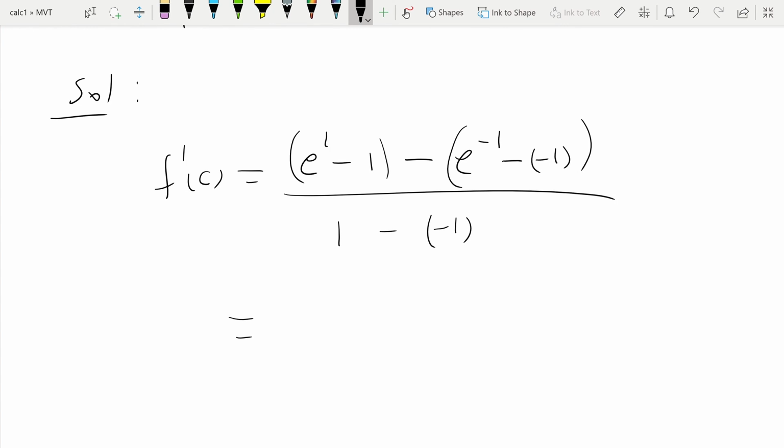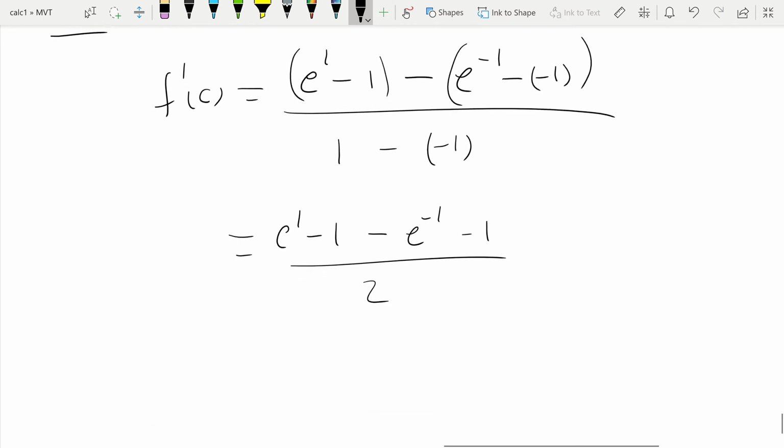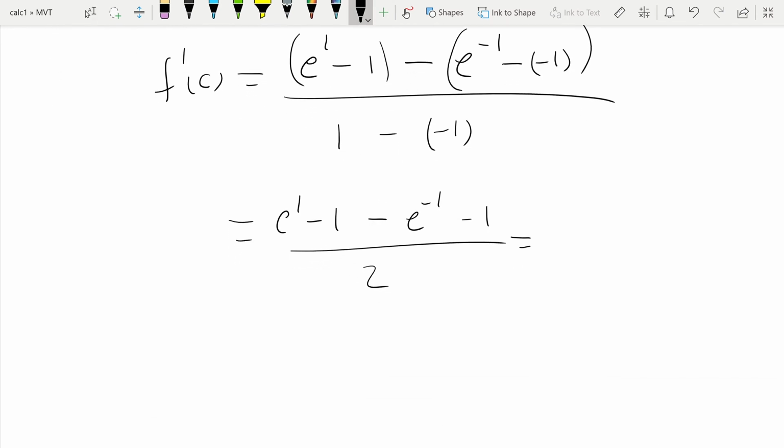So this is equal to e to the 1 minus 1 minus e to the minus 1, and now we'll have a plus 1 divided by 2. So e minus e to the minus 1 minus 2 divided by 2.